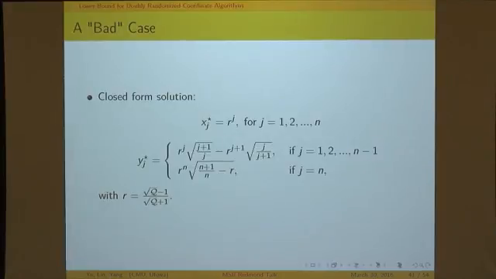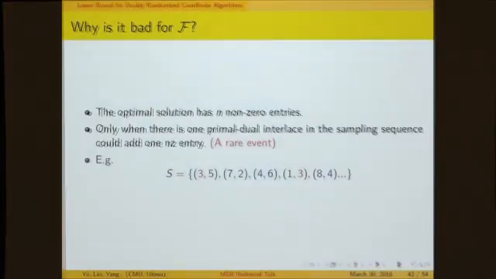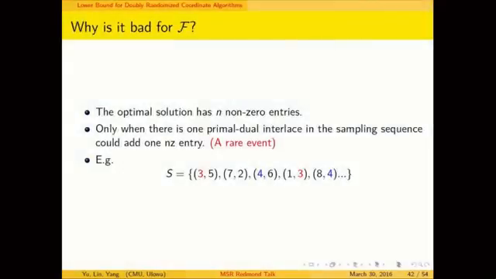Now we'll discuss why this case is bad for this type of algorithm. The first observation is that the closed form optimal solution has non-zero entries, both for the primal and for the dual.